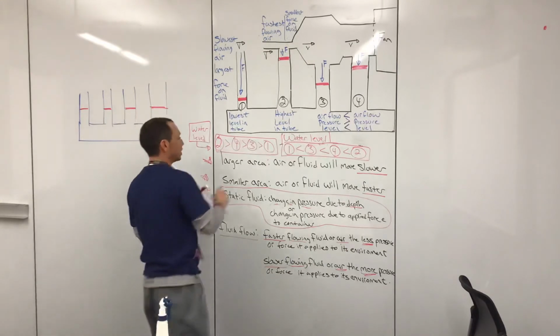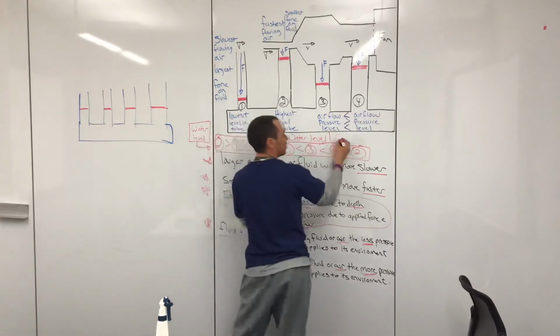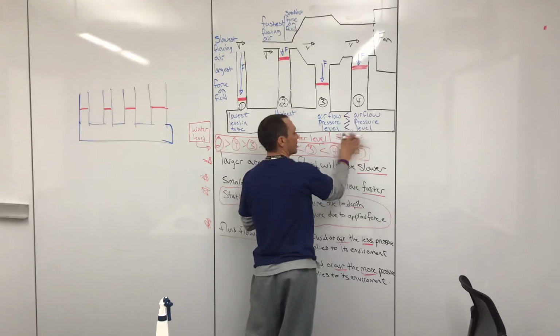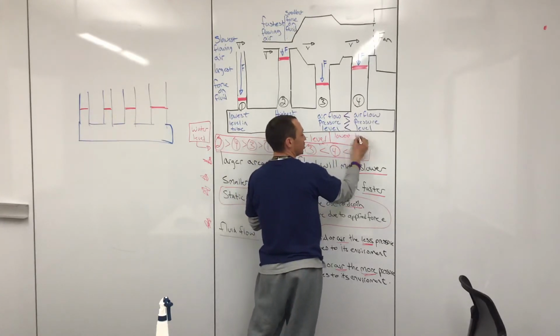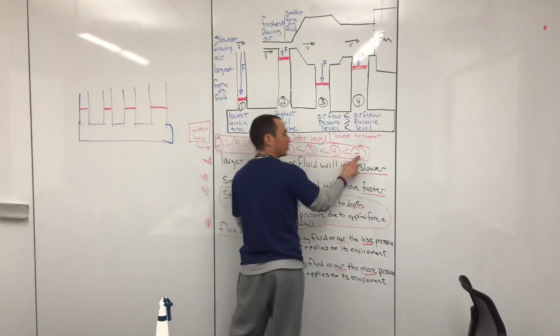Okay, so we can either order the water level in terms of smaller to greatest. That's what this one's doing. This is lowest water level to the highest water level, right? Where 1's our lowest water level, 2's our highest.